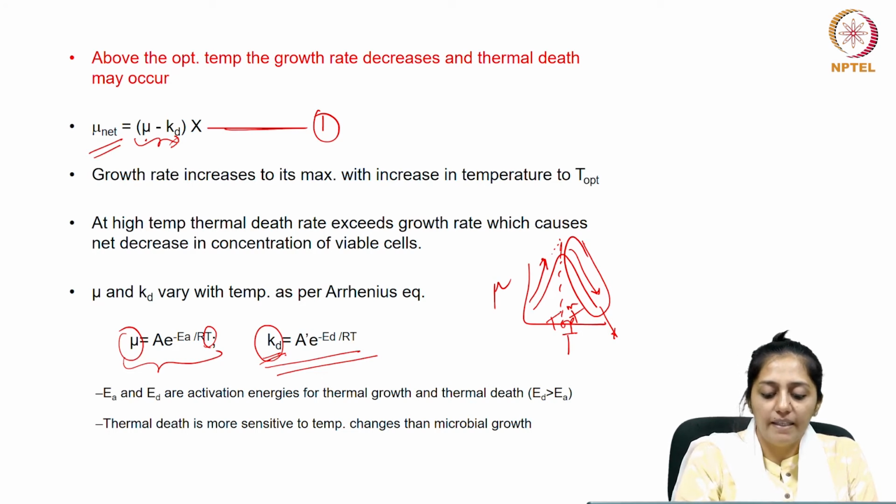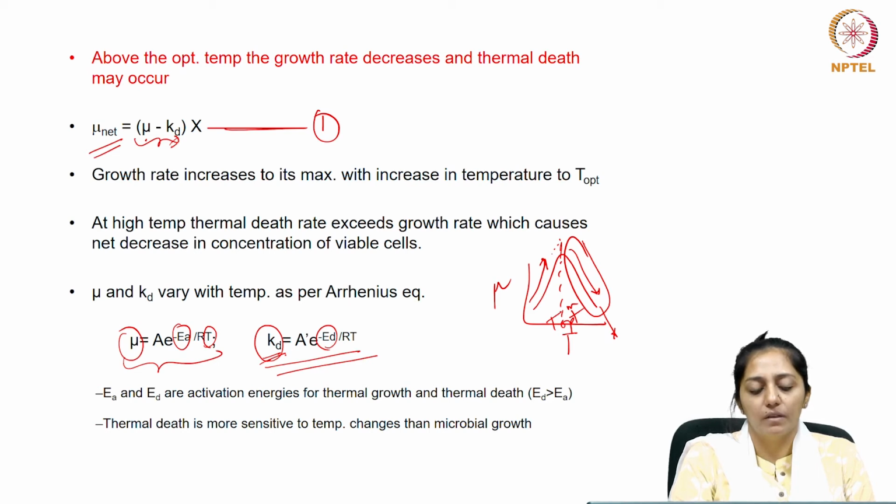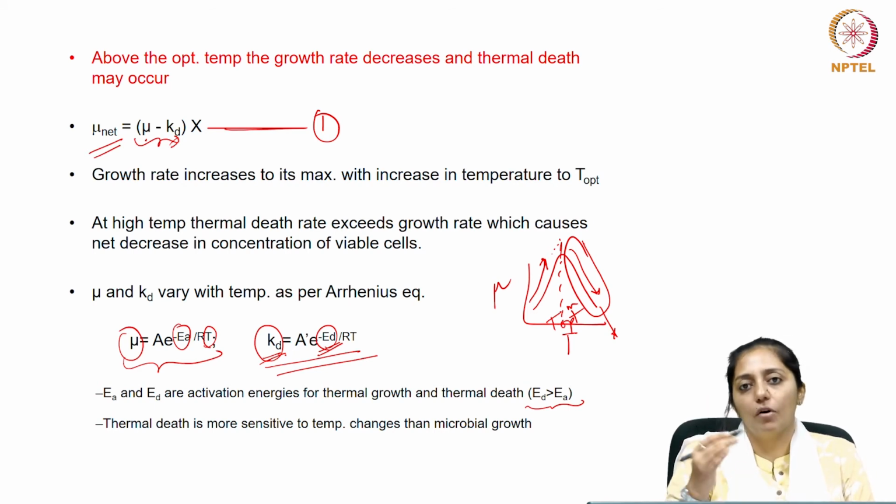Now, Ed and Ea, I hope you remember the Arrhenius equation. Ea is your activation energy for thermal growth, and Ed stands for the activation energy for thermal death. It is observed that Ed is generally higher than Ea, because as the temperature increases beyond the optimum, growth will start decreasing.